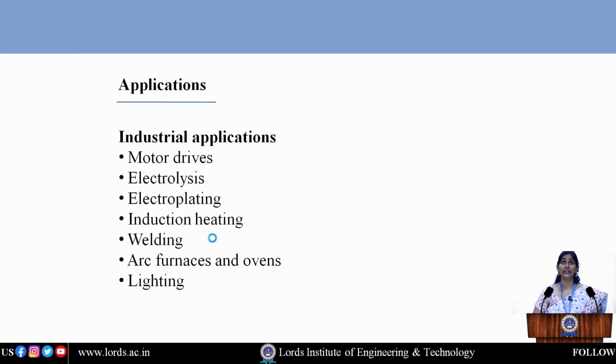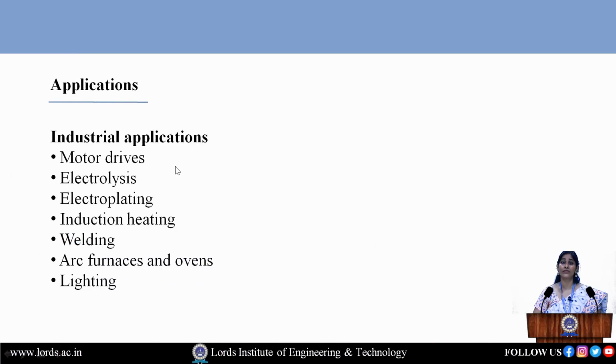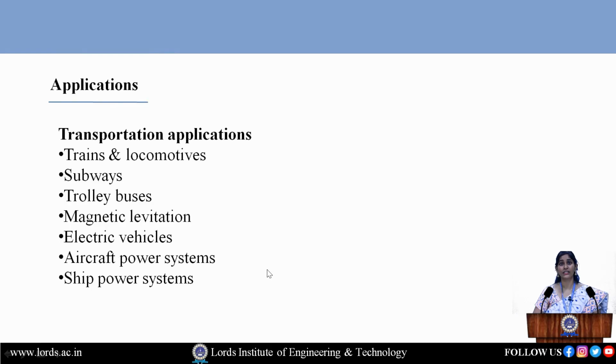In industrial applications, power electronic circuits are used in motor drives, electrolysis, electroplating, induction heating, welding, arc furnaces and lighting. In transportation, which has recently become a huge trend, there are trains and locomotives, subways, trolleybuses, magnetic levitation, electric vehicles, aircraft power systems and ship power systems. These are just a few examples of applications I have listed here.